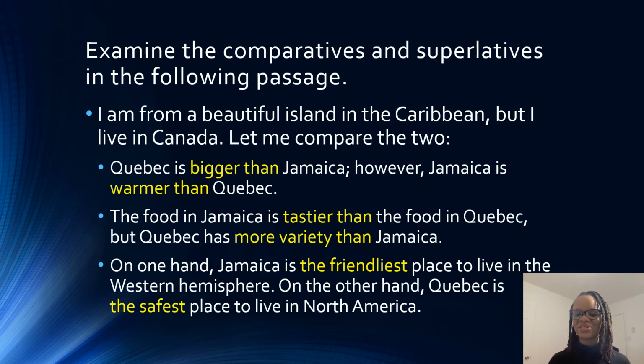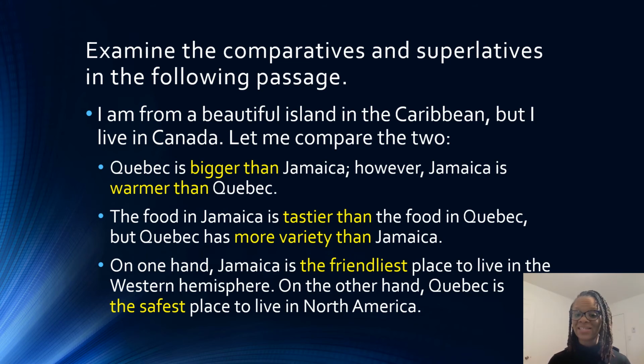The food in Jamaica is tastier than the food in Quebec, but Quebec has more variety than Jamaica. Tasty has 2 syllables and ends with a Y, so we say tastier than. And variety has more than 3 syllables, so we say more variety.